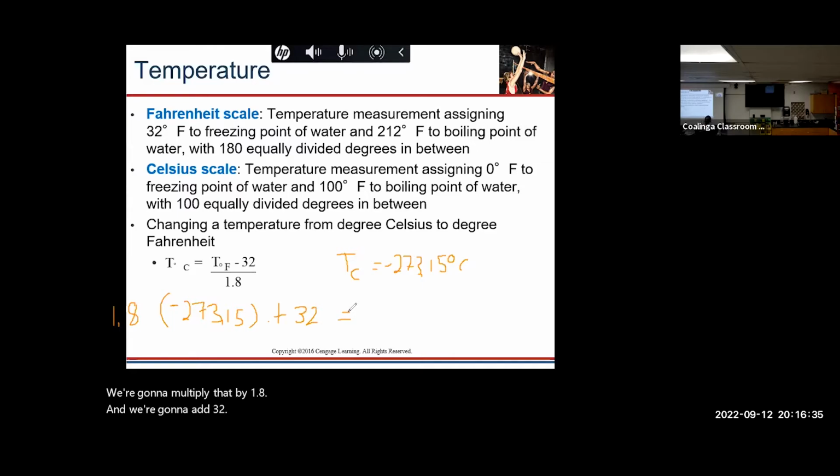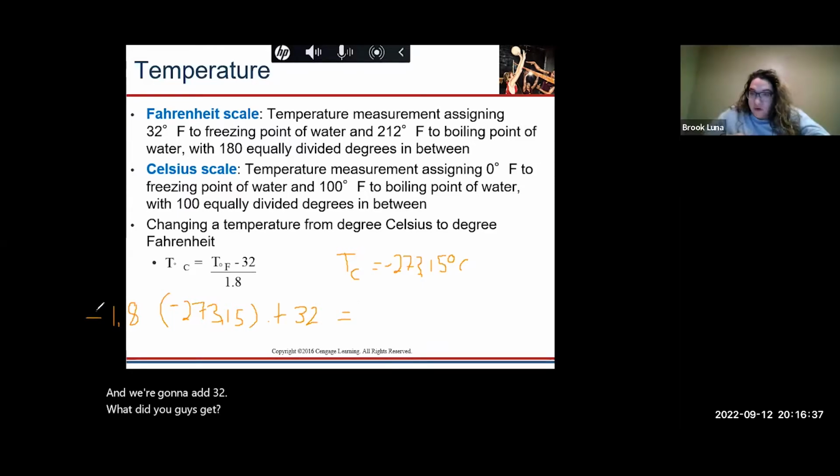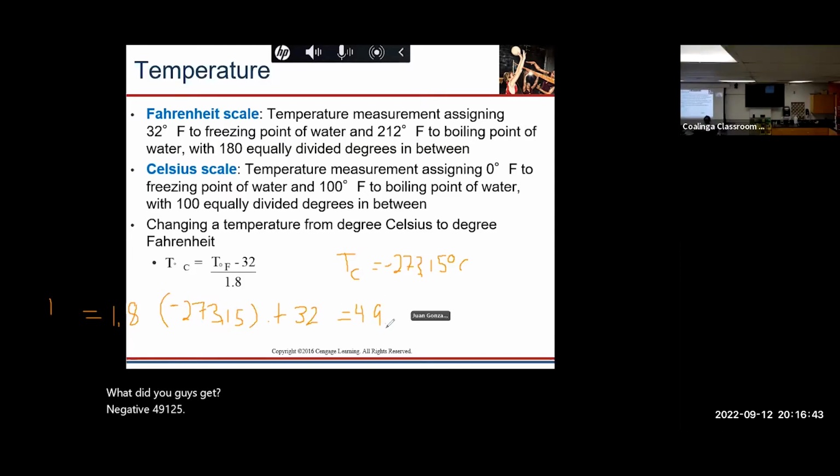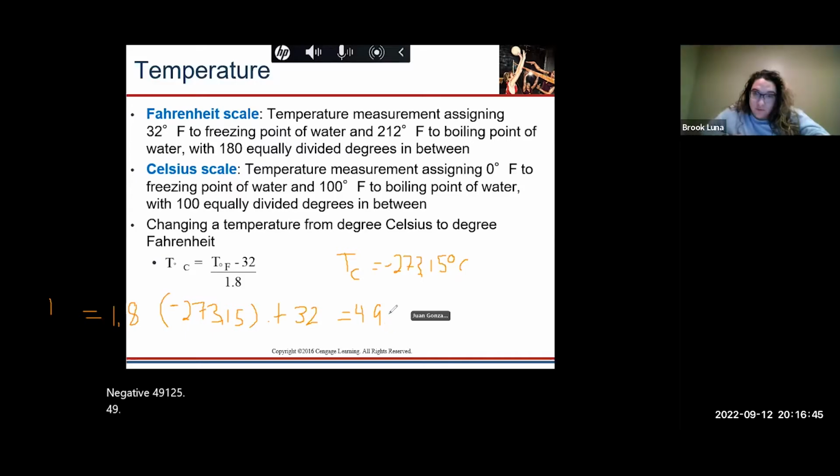What did you guys get? Negative 459.67 degrees Fahrenheit. So it's still super duper cold.